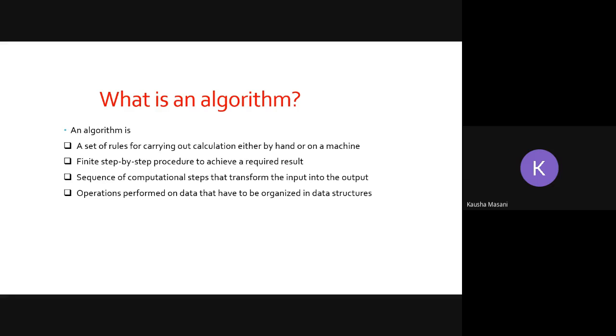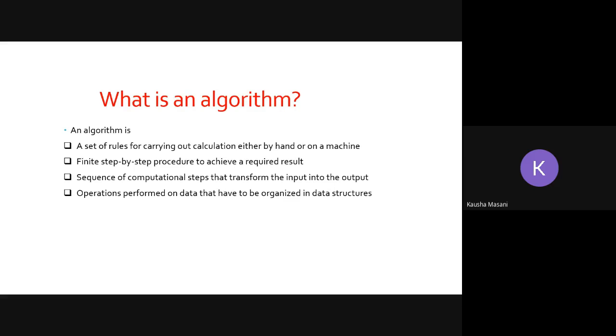then you can go for it like this, that an algorithm is a set of rules. Point number one, for carrying out calculation either by hand or through machine. I'll explain how you can go for hand, but those programs are very simple, very small ones. Or you can carry out the analysis of this algorithm on a machine.